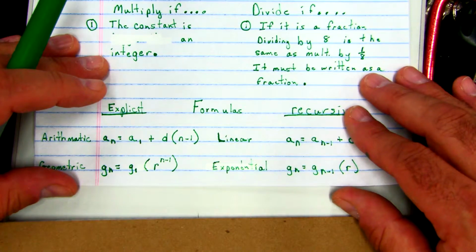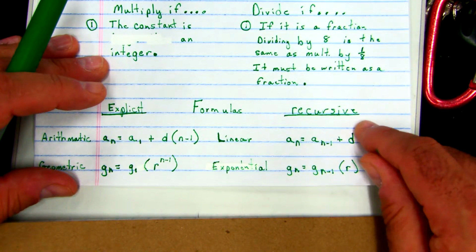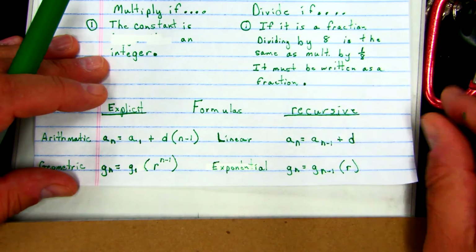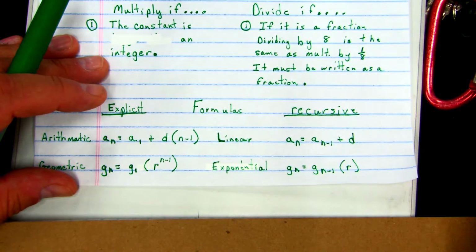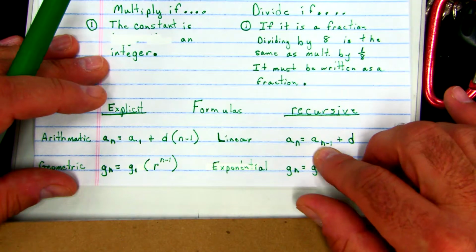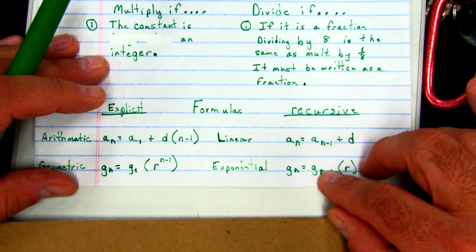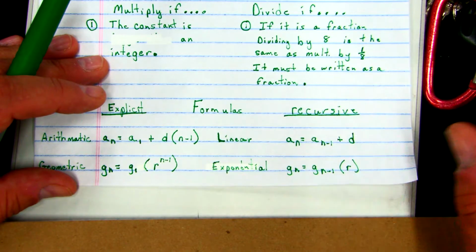Now, the difference is, in a recursive, they're going to give you the previous term to the one you're looking for. So if I'm looking for the 25th term, rather than giving you the first term, they're going to give you the 24th term. Or they're going to give you the 28th term if they're looking for the 29th.